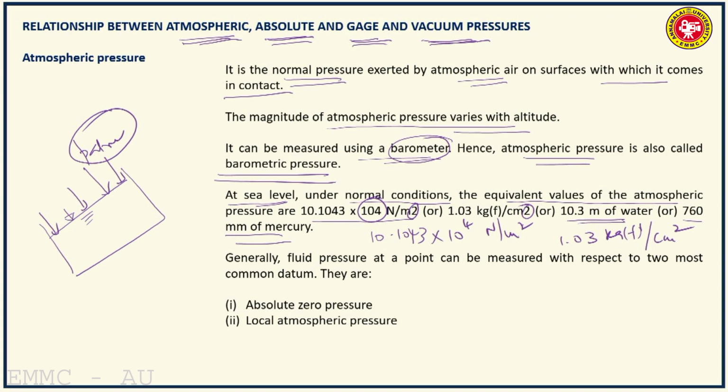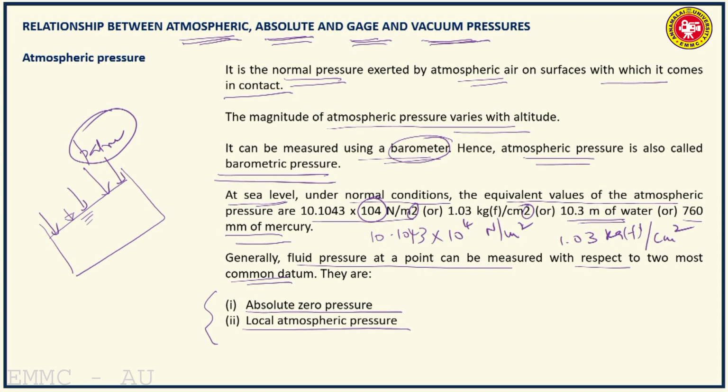Generally the fluid pressure at a point can be measured with respect to 2 most common datum. So, what are these 2 datum? Absolute zero pressure and local atmospheric pressure. We can express the fluid pressure at a point with respect to 2 different datum. You can take absolute zero pressure as the datum.